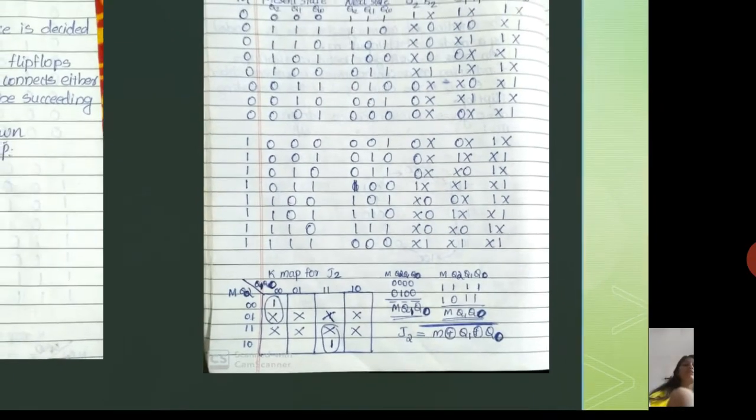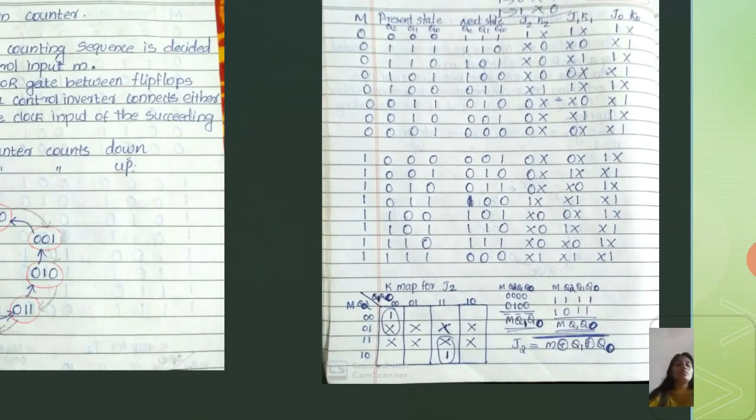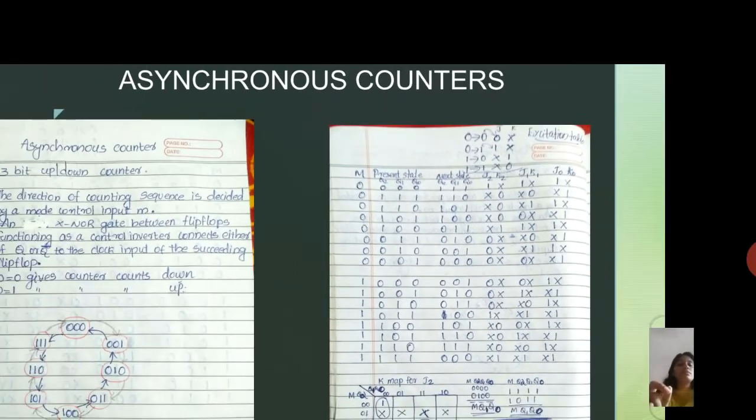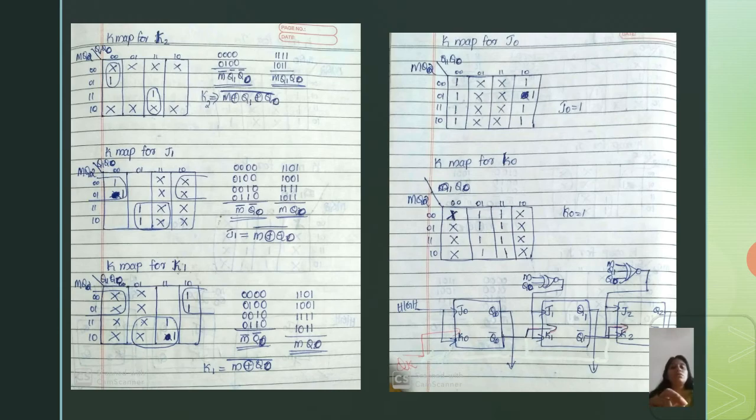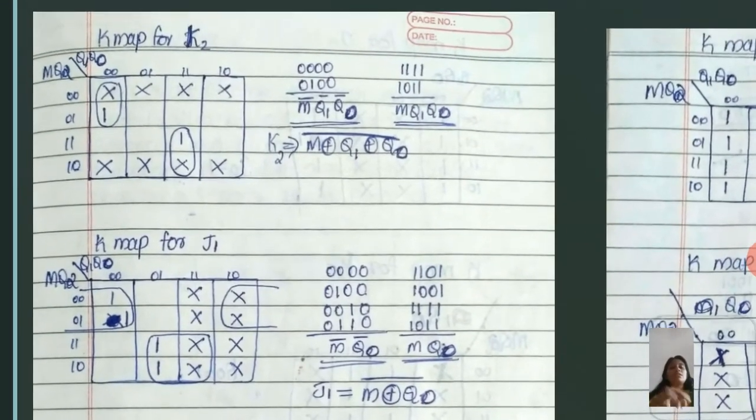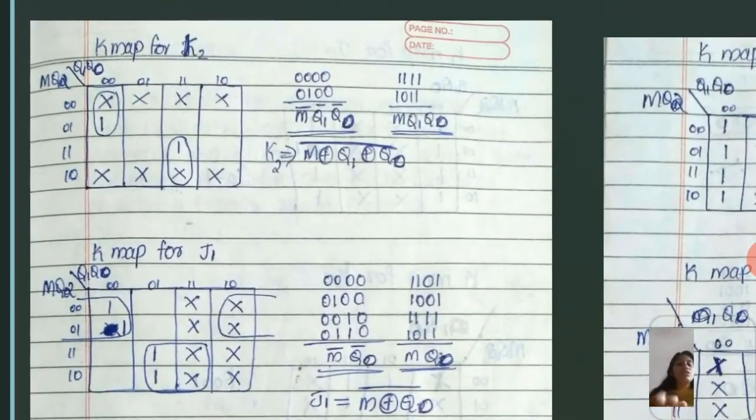Similarly, you can plot the value of K2 also, which will be like this. J2 and K2 have the same procedure for grouping as well, getting the same result as solution. So I'm not going to repeat this again.